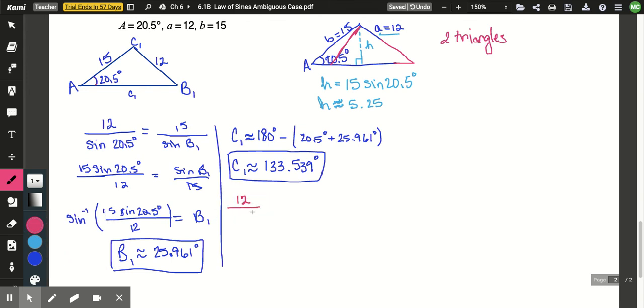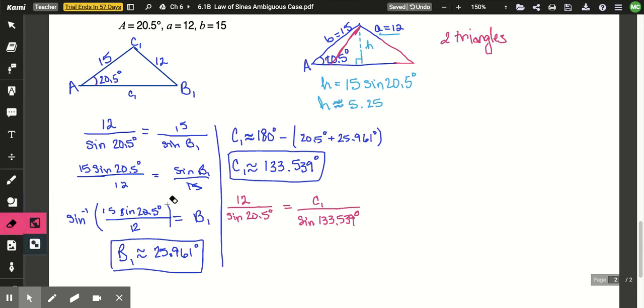So I'm going to start with the side and the angle that I know. So 12 over sine of 20.5 degrees equals, and I'm looking for a side little c1. So that would be over sine of angle C1, which is the one I just found, 133.539 degrees. Okay, so to solve this one, I would be multiplying both sides of this thing by sine of 133.539.